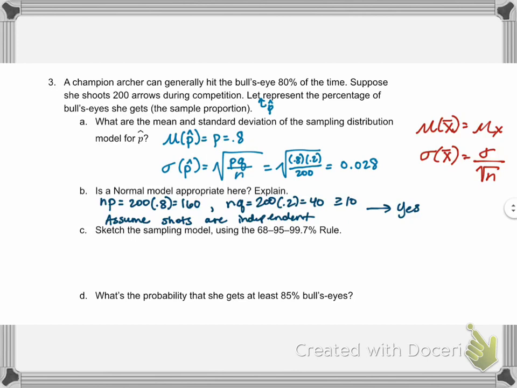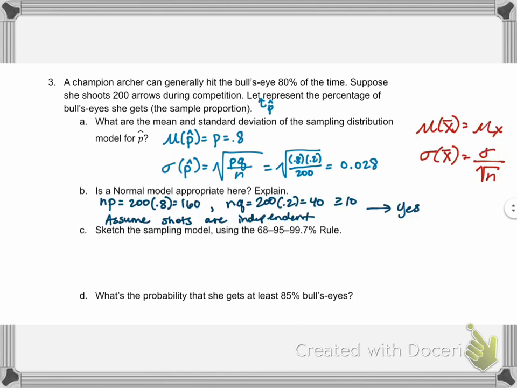So in part C, it asks you to sketch the sampling distribution. So it asks you to sketch basically a normal model using the 68, 95, 99.7 rule. And so basically what I want you to do is draw that picture of a normal model, put your mean in the middle, and then go out 3 standard deviations each way.